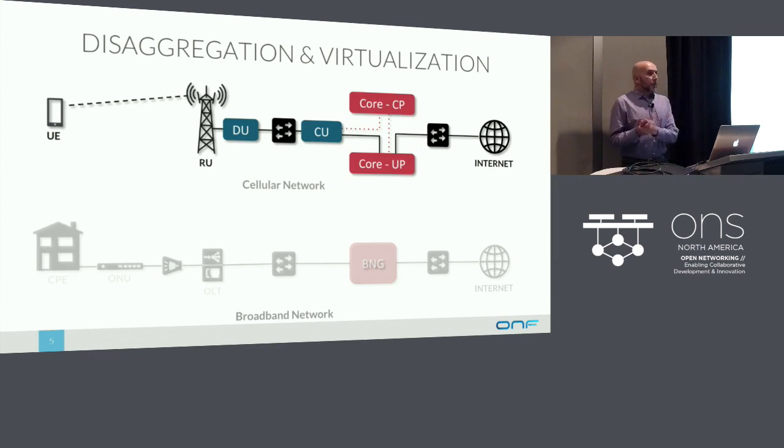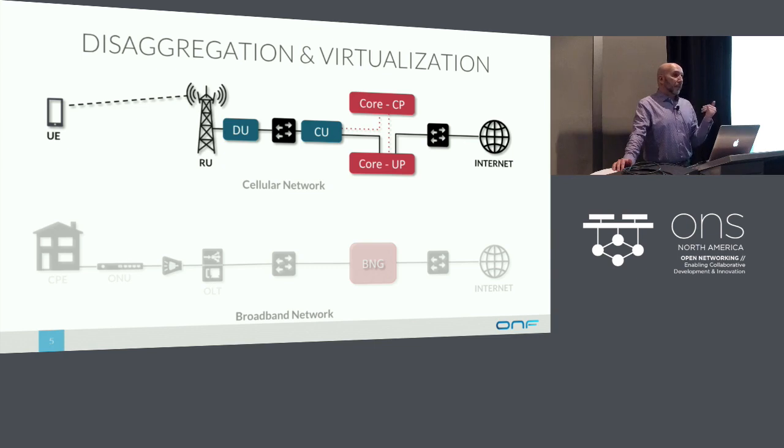So let's continue on disaggregation towards convergence. So let's start with the radio cellular network. So the first step in the disaggregation is the disaggregation of the RAN. Following 3GPP on the path towards 5G, we can split the RAN three-way. We have a radio unit where most of the analog communication takes place.